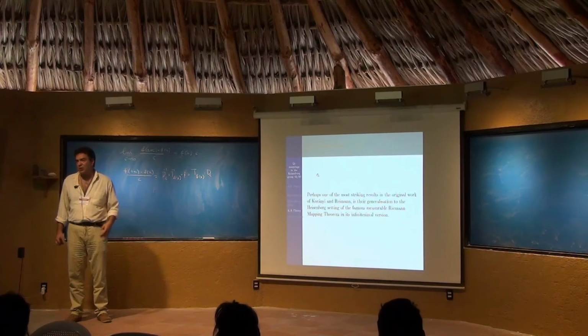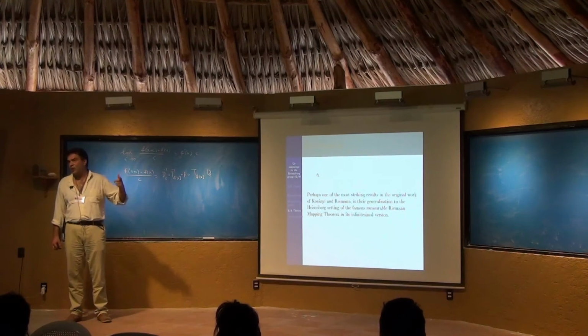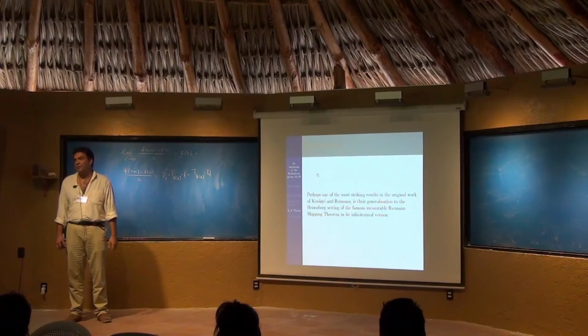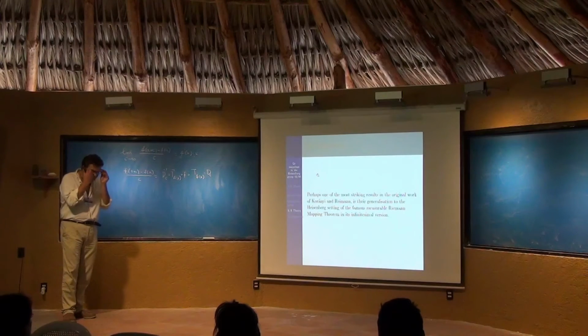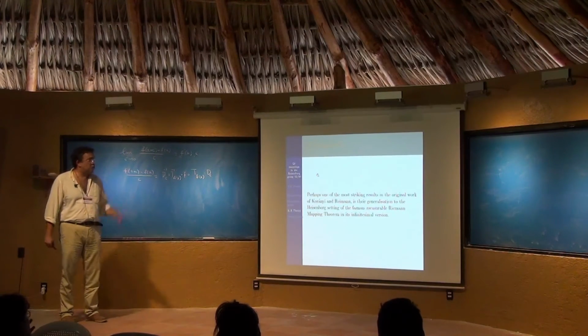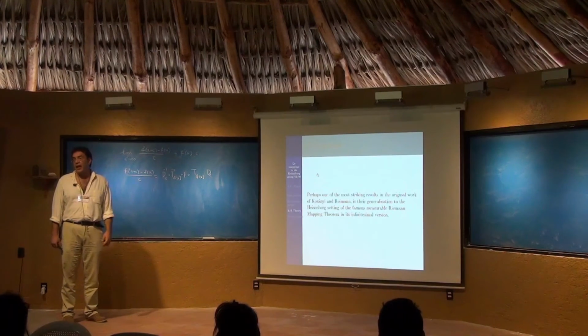It won't be useful. But we have a measurable Riemann mapping theorem, exactly as in Ahlfors-Bers theory. And perhaps this is one of the most striking results in the original works of Korányi-Reimann.